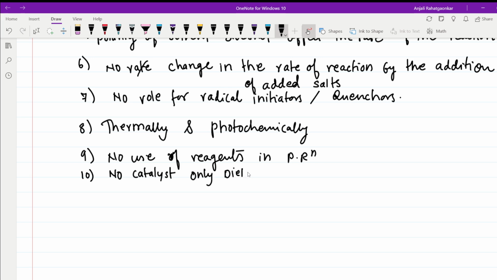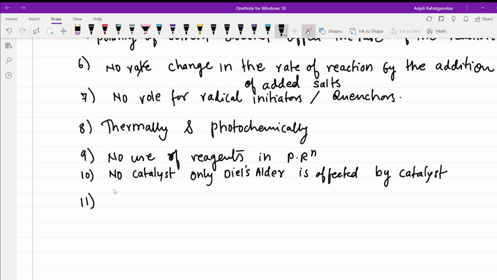Diels-Alder, of course, is a pericyclic reaction. So dear students, only the Diels-Alder reaction is affected by catalyst. Otherwise, the rest of the pericyclic reactions are not affected by the catalyst. Catalyst doesn't play any role in the mechanism of the pericyclic reaction.